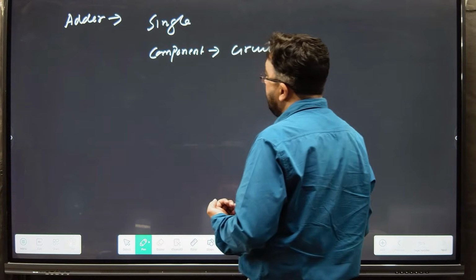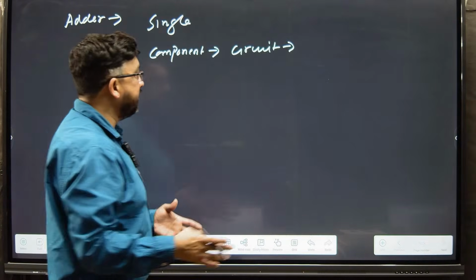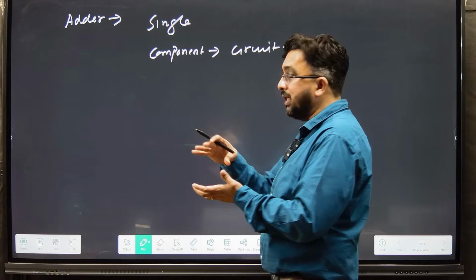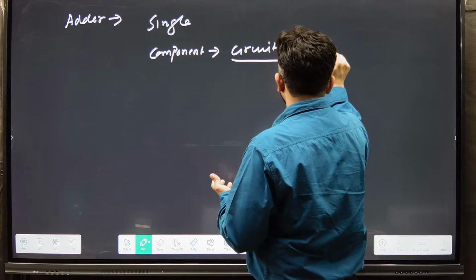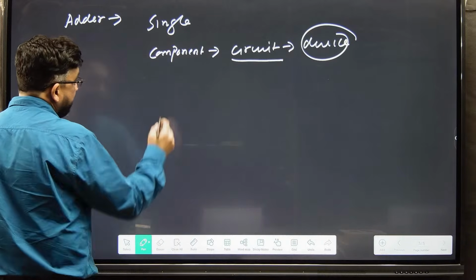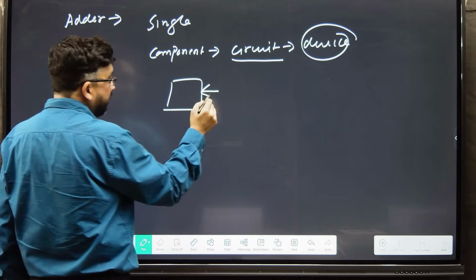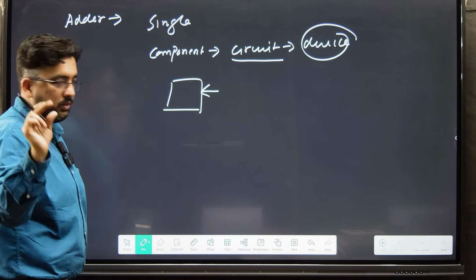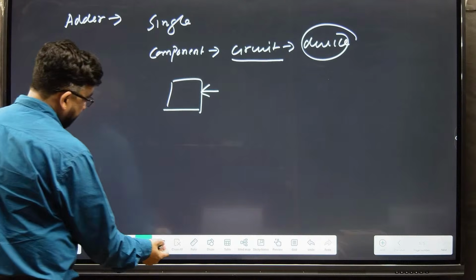I basically call adder a device because it is made up of different components and there is a proper circuit inside the device. So either you can say circuit or you can say device, so don't get confused. But if a single adder looks like this, a single IC, then you can call it a component because it is now a single component. It is up to your understanding.